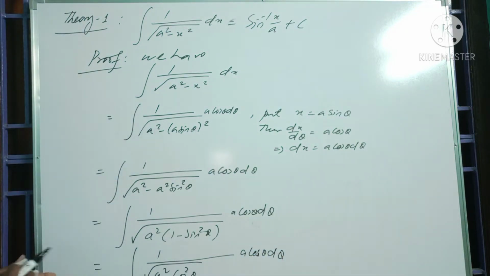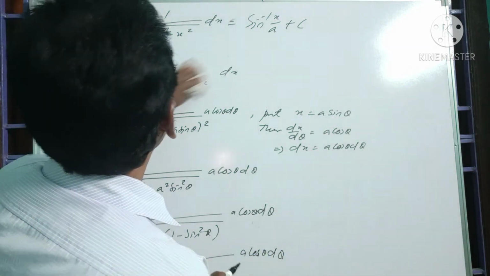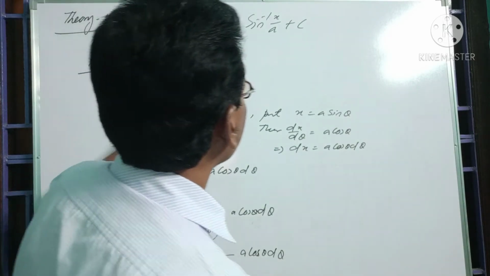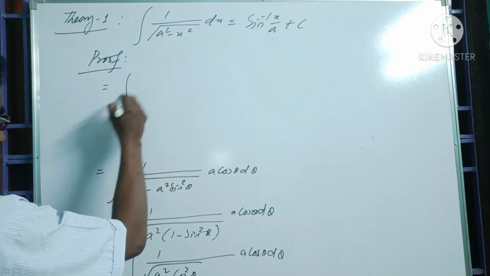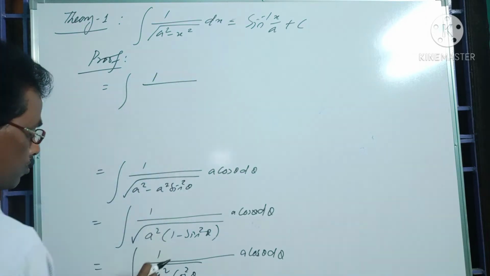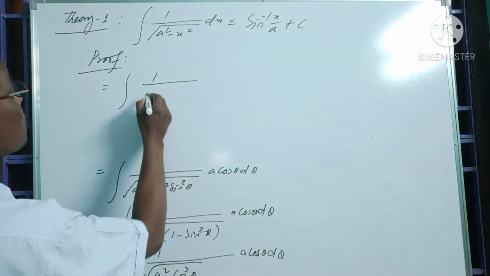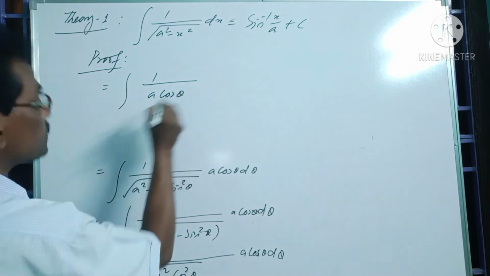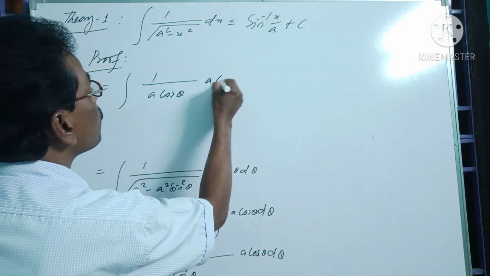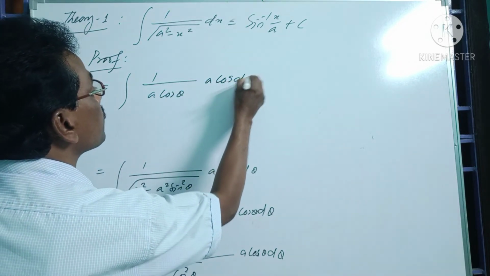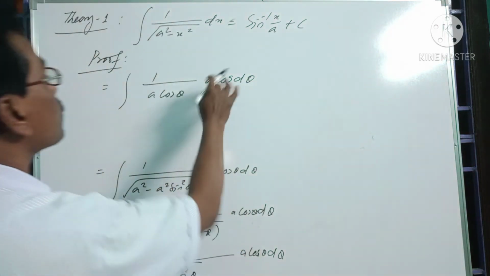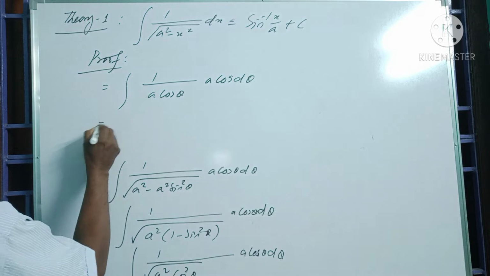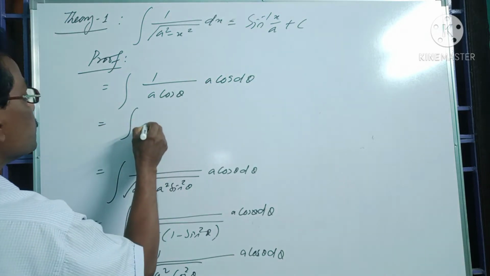Again simplifying, that is integration of 1 by root of a square cos square theta, which will be equal to a cos theta into a cos theta d theta. Now the numerator contains a cos theta, and so does the denominator. So after simplifying, we have integration of only d theta.